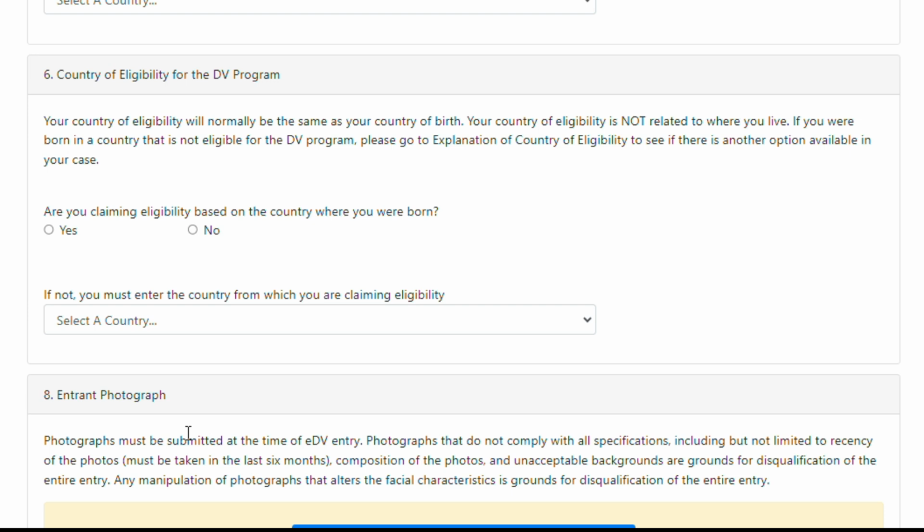Not all photographers or photo studios know about the qualities of the DV program photo. I hope that is clear. And remember, all the photos, both yours and your derivatives, must meet those criteria.